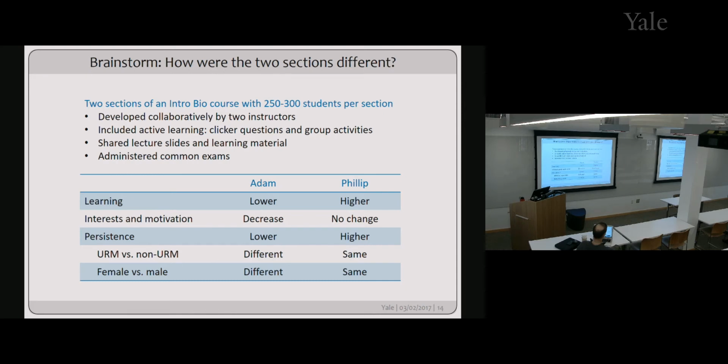So not the immutable, unchangeable features of the instructors, but the kinds of things they're doing in the classroom that might have made the difference. Let's brainstorm for a few minutes and we'll take a look together.